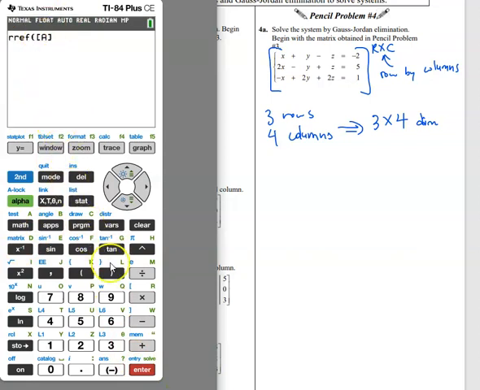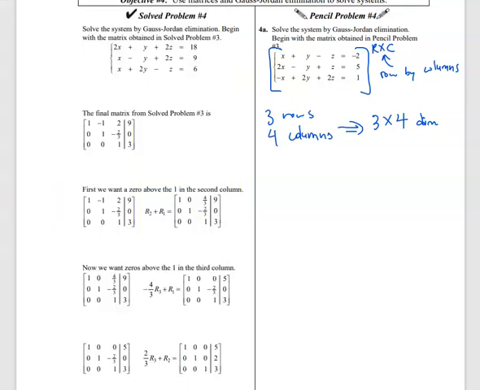Reduced row echelon form of matrix A, and then equals, boom. Reduced row echelon form of matrix A goes 1's on the main diagonal, 0's off the main diagonal, 1, -1, 2. And so that's going to also give us 1, negative 1, 2. We got this reduced row echelon form.